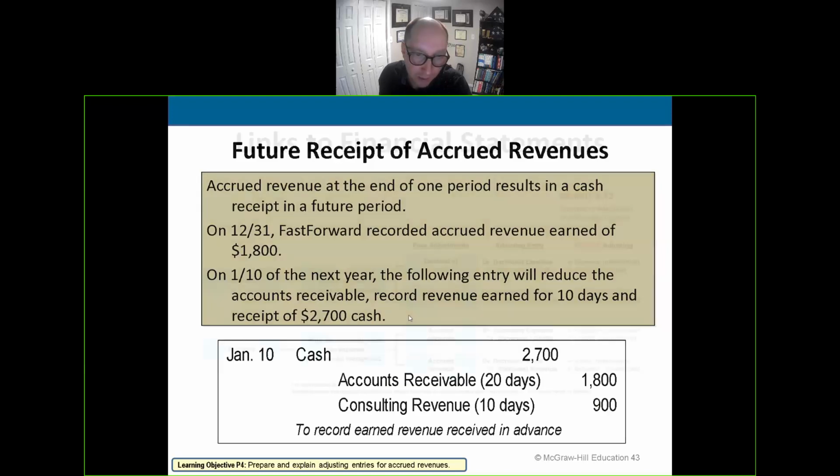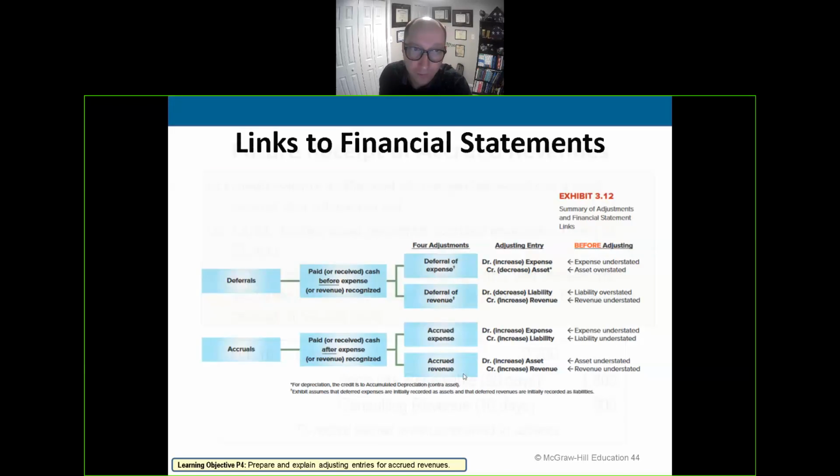Looks like 2,700 in cash. So we debit cash, credit the accounts receivable that was accrued, and we credit the remaining amount of revenue. Everything's linked. The income statement, balance sheet, statement of cash flows are all linked together.